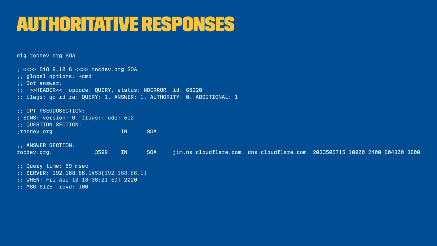It doesn't have the entire hosted zone for RocDev.org, so it has to pass that along. In order to find where the authoritative server starts, you issue a SOA request, and that will tell us that I am using Cloudflare for my DNS.